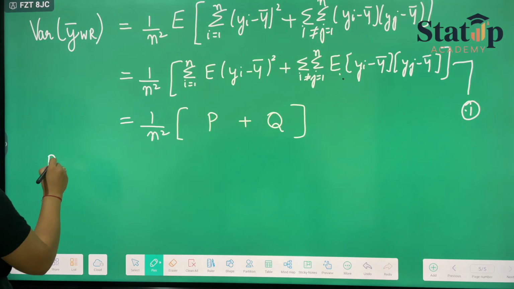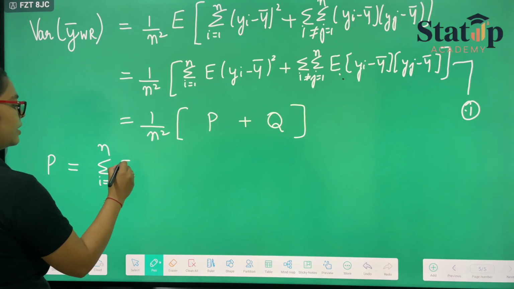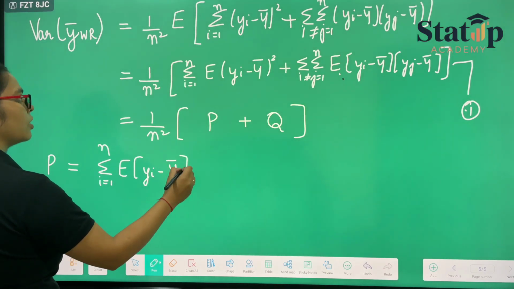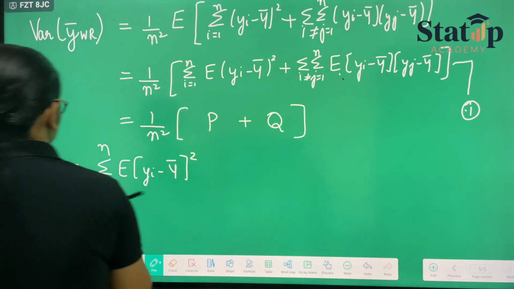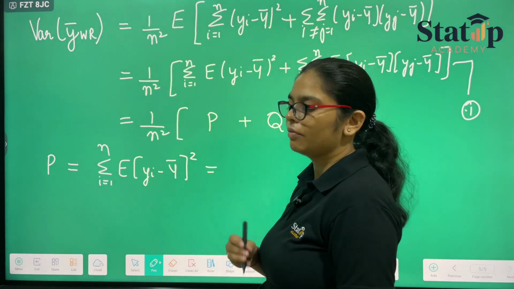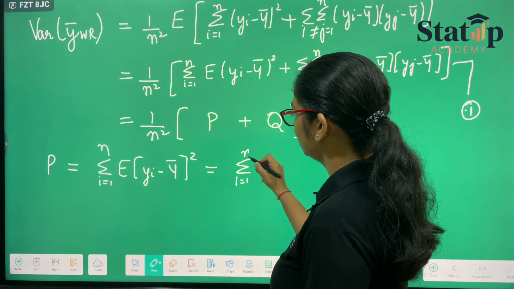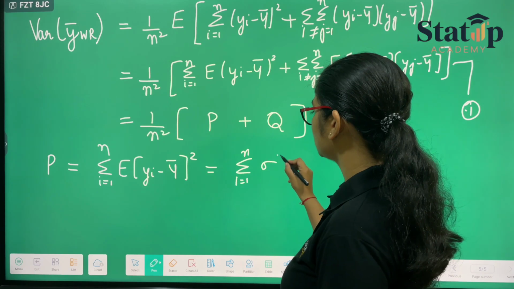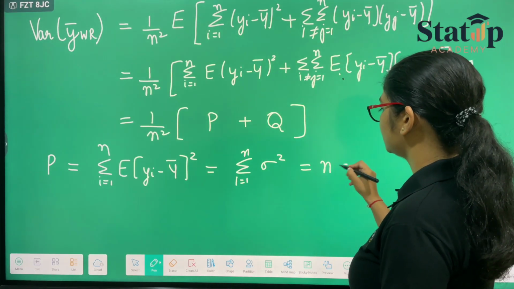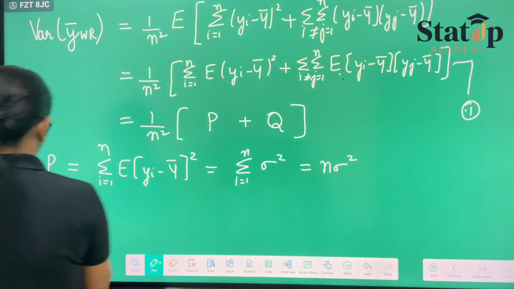So P is nothing but summation i goes from 1 to n estimation of yi minus y bar whole square. Now this estimation of yi minus y bar whole square is nothing but the variance. So we can write it as summation i goes from 1 to n into sigma square. This can be written as n sigma square. First equation. Then Q.